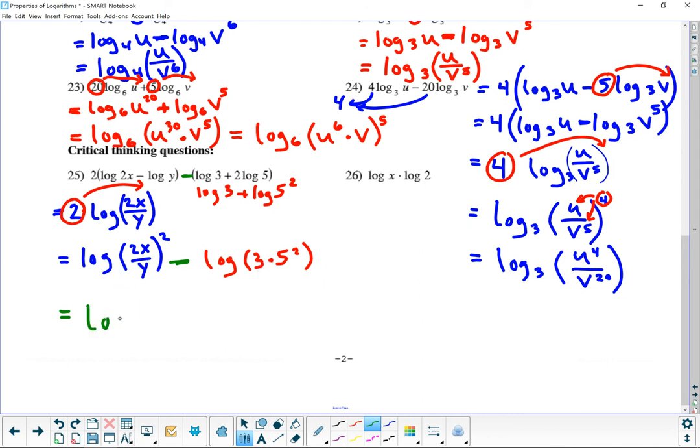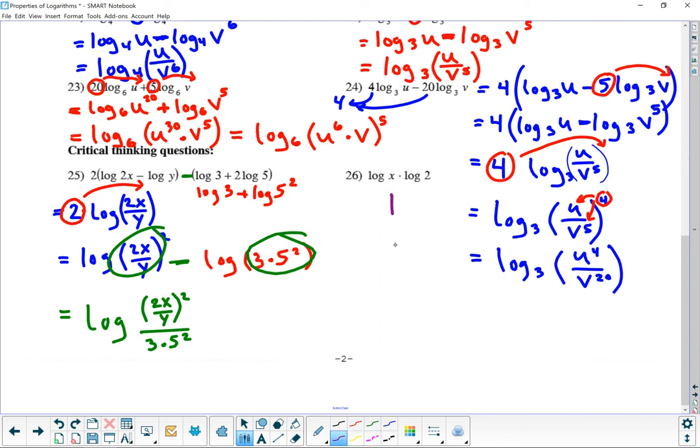It'll be a log, and this first part is going to be on top of the quotient: 2x over y squared, over, and then the second part is going to be on the bottom of that quotient. That'll be 3 times 5 squared. And I've rewritten this into a single log.